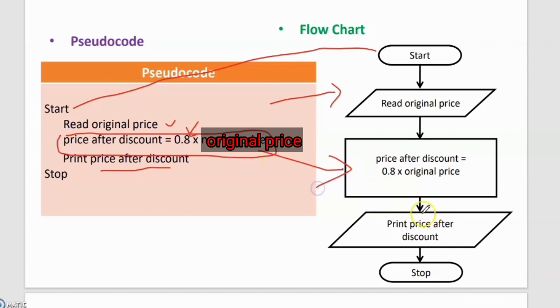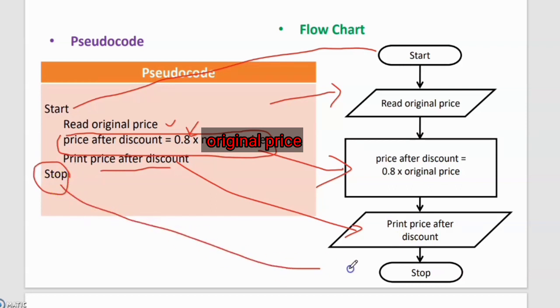And for the output, print price after discount. Actually for the verb you can use print, display, output, either one. And for the stop, use the oval shape. Don't forget your arrow. The arrow must touch the end of the symbol.